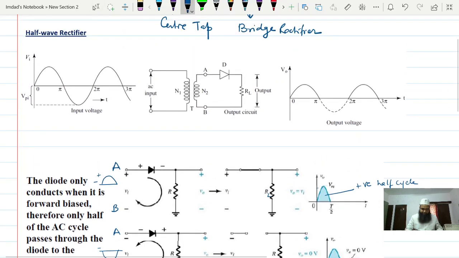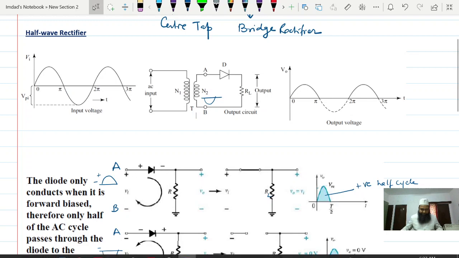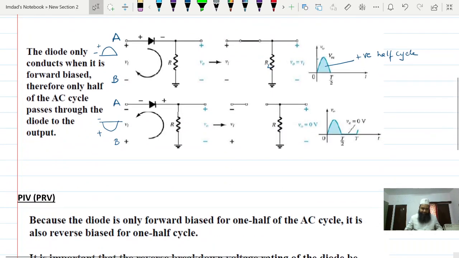During the negative half cycle, this voltage will appear at point B. That is, point B will be positive and point A will be negative. Hence, the diode will be reverse biased.